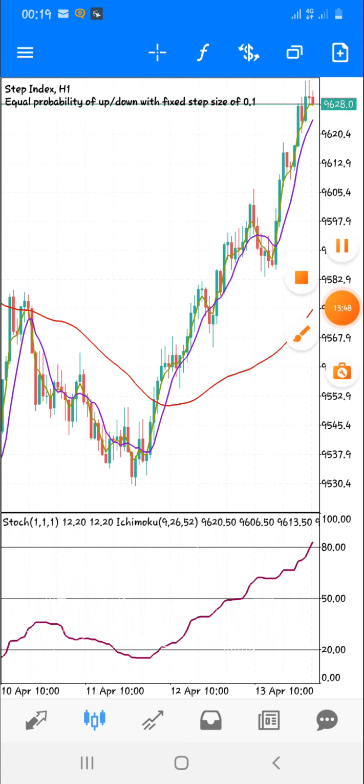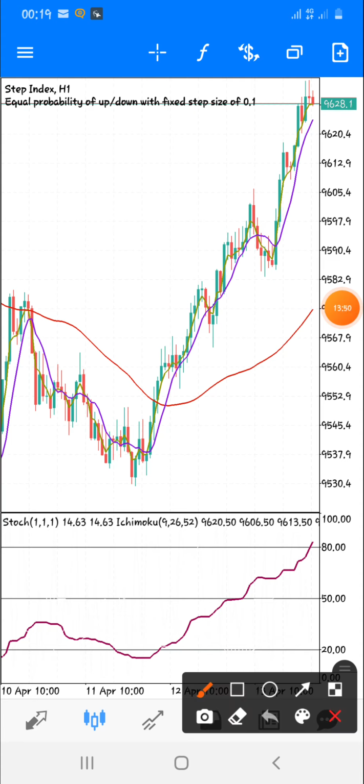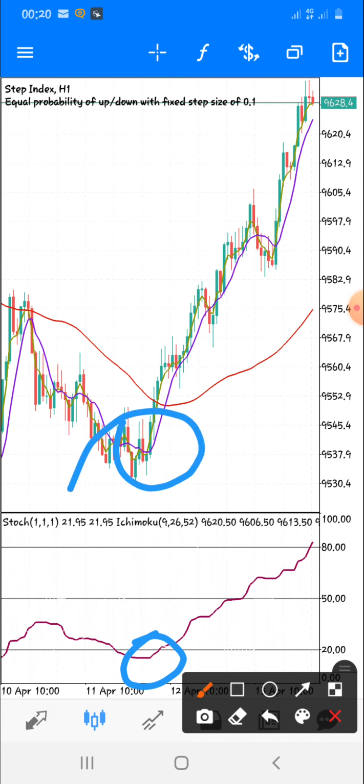You see, we detect a buy. One, it has to be below the 20%. The Ichimoku is supposed to be at 20% or even below. That's where we say it's a buy. Second confirmation, the green line should be above the purple line.